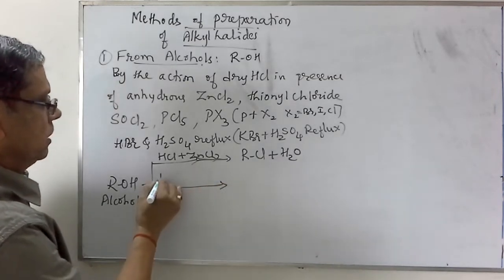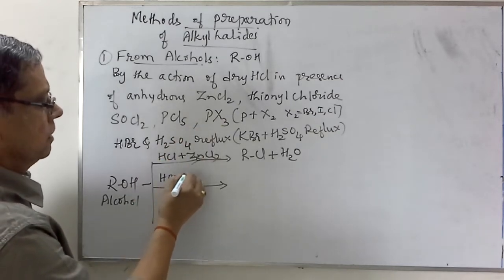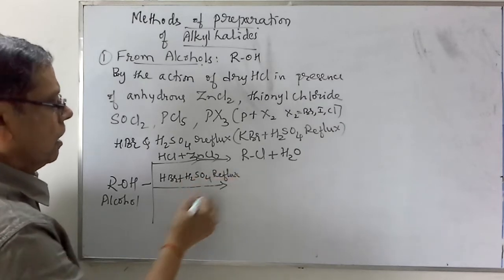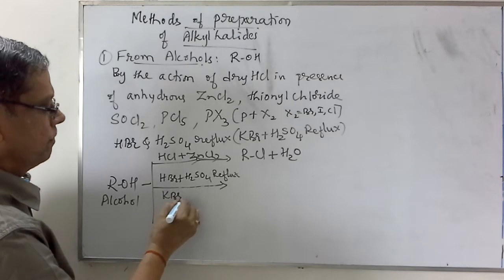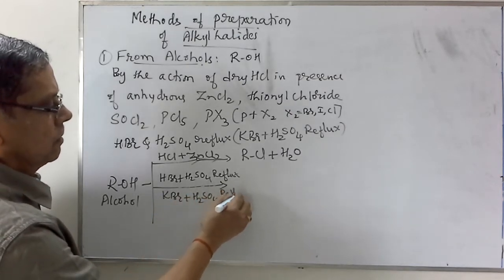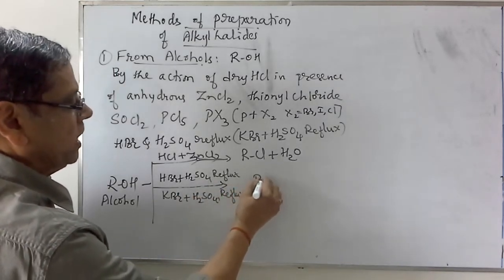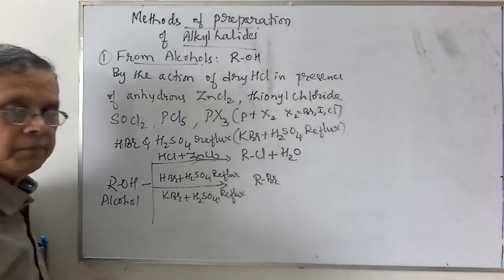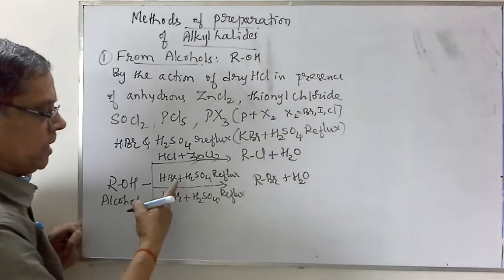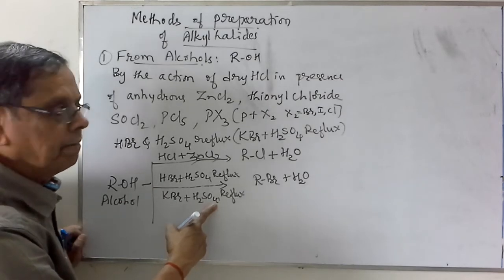Similarly, we can use HBr. I am writing this reaction next. HBr, concentrated sulfuric acid and reflux, or we can write potassium bromide plus sulfuric acid and reflux. In that case, we will get the corresponding alkyl halide, alkyl bromide, RBr. Along with this, we will get the water. If potassium bromide is used in place of HBr, KHSO4 is the other product.